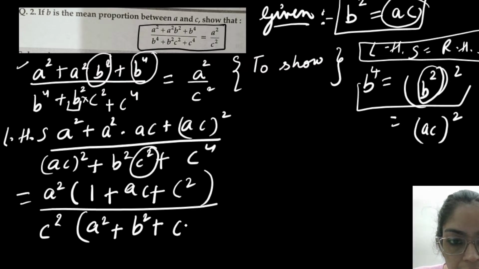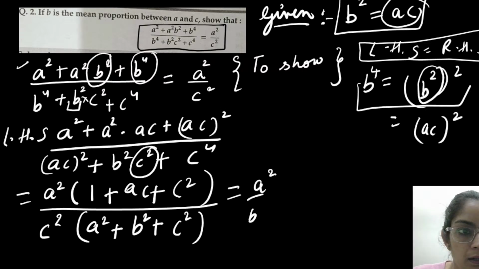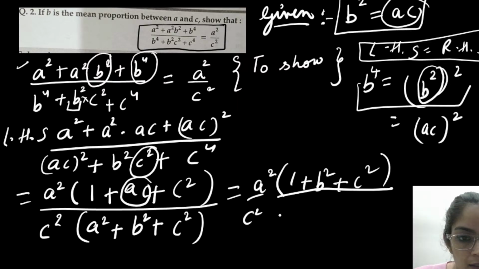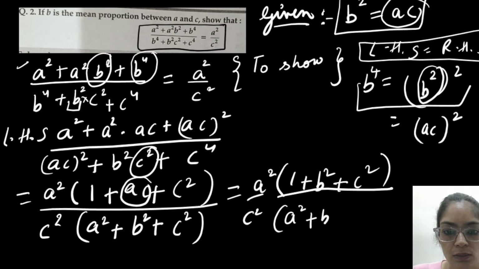So a square by c square. So 1 plus AC, where AC's value is b square, gives 1 plus b square plus c square, by, here we are left with a square plus b square plus c square.